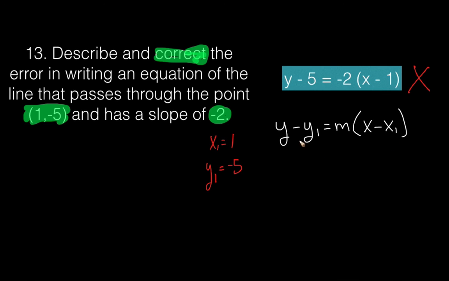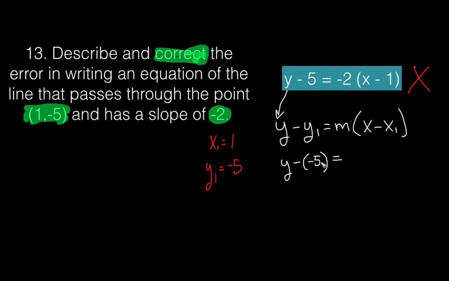So that's my general equation. Let's see if this matches exactly. It looks like I'm okay right there, my y. And then my 5 minus y. So here, it would be y minus, and then my y1 is minus 5.